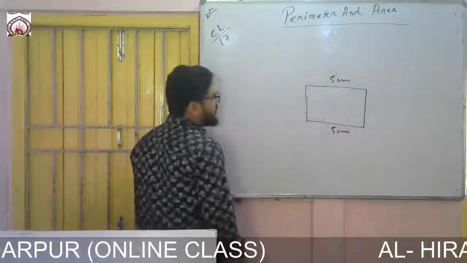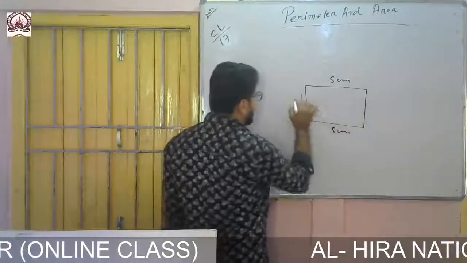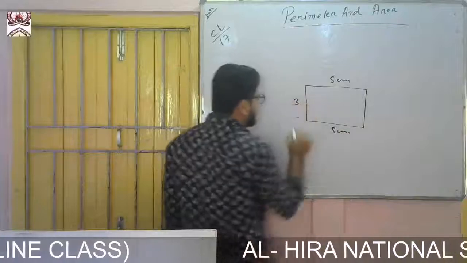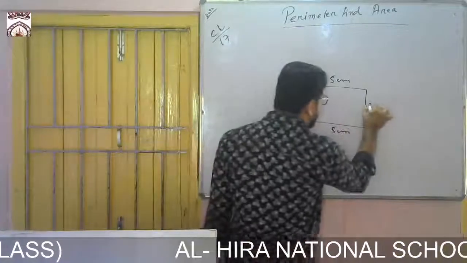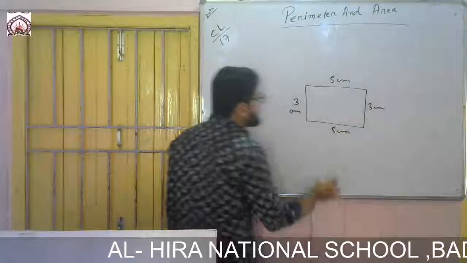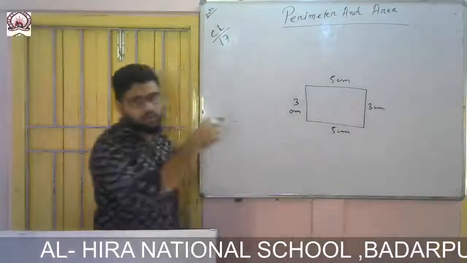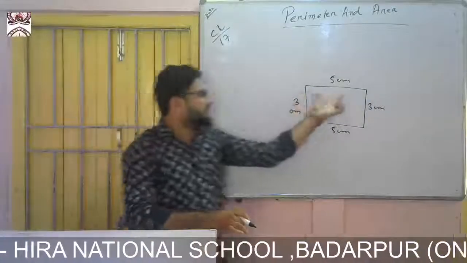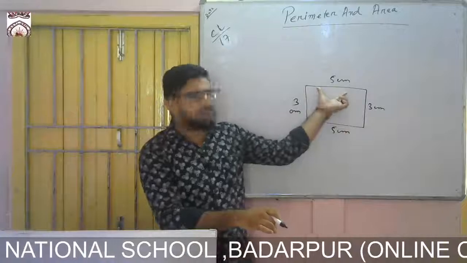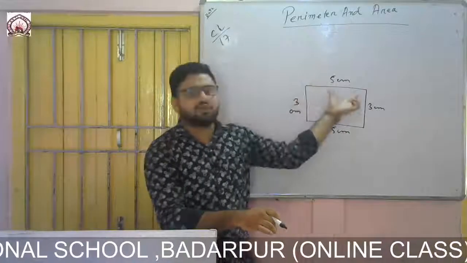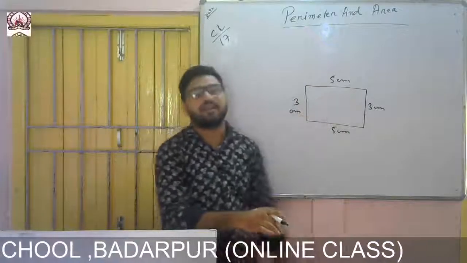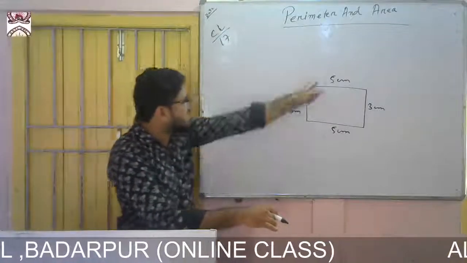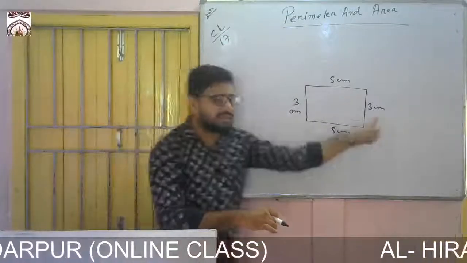If I say this one is 3 centimeter, then this one will be 3 centimeter too. The greatest side is called length, and the smallest side is called breadth. So there are two lengths and two breadths.